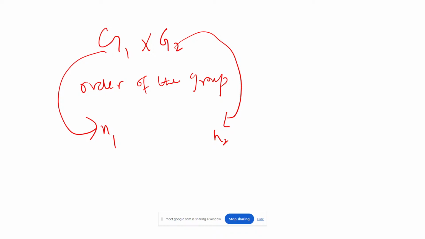Check this for C3H. What is the order of the group? Or even C4H. What is the order of C4V? You can check and see whether it is a direct product group or not. Okay?